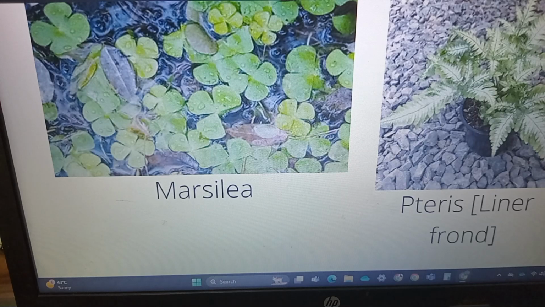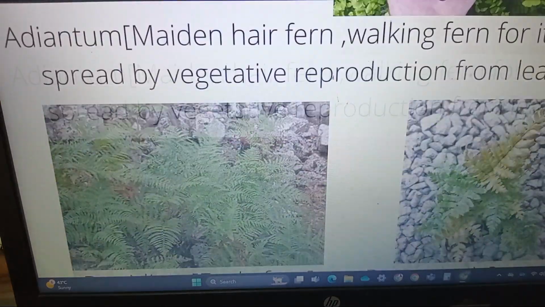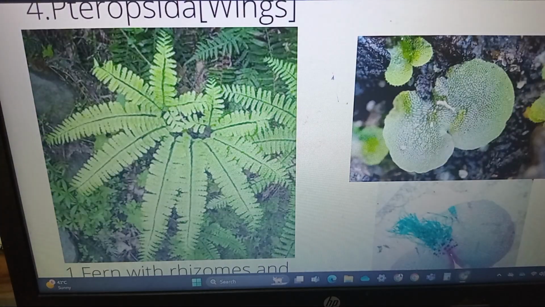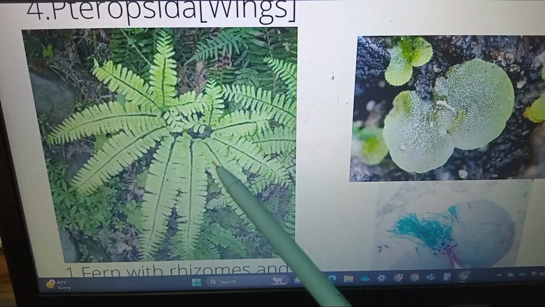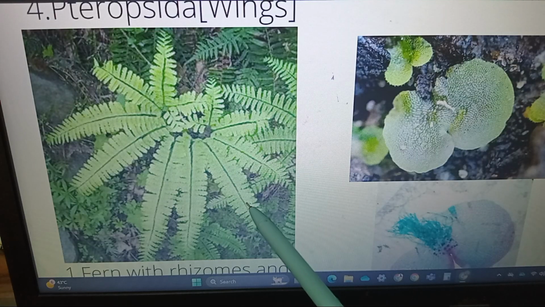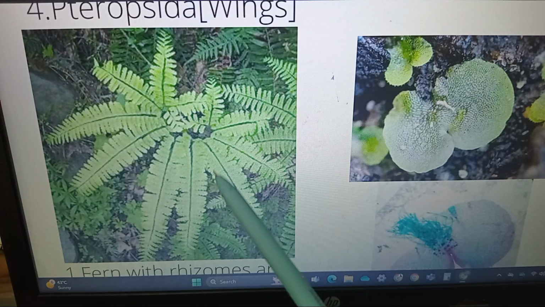If you see the main body of the Pteridophyta in its life cycle, this is the sporophyte. It will produce spores. The spores can be produced in two ways and of two types. Underneath these leaves there will be sori, many small cups of sporangia, which will produce spores.